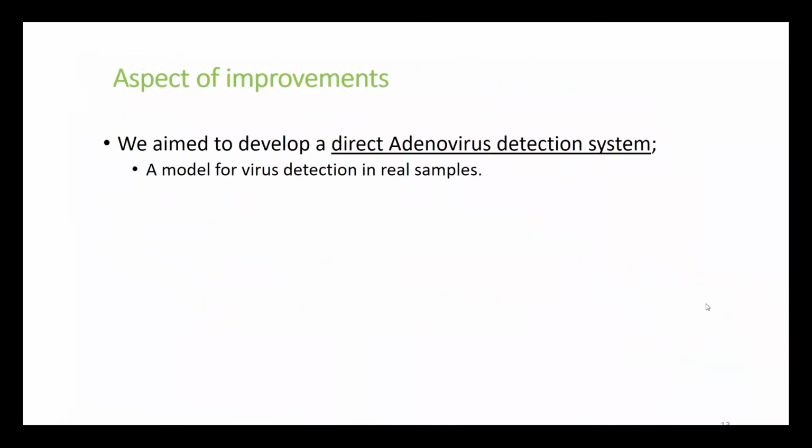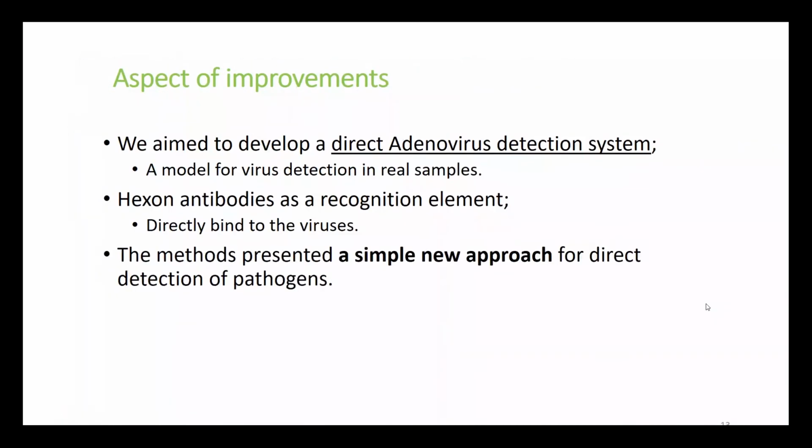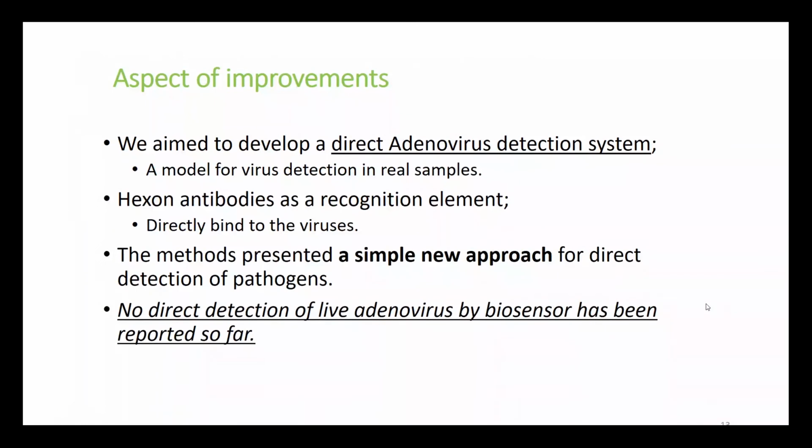So compared with them, our system can be comparably sensitive, and definitely fast and direct detection. Also, we know that there is no direct detection of live adenovirus in the literature so far. So our system will be a model virus detection in real samples. So we applied this system for adenovirus, but it is available to test the system for any other virus.